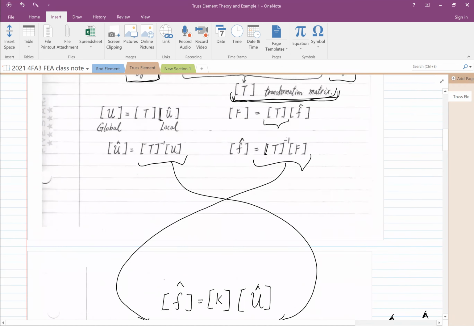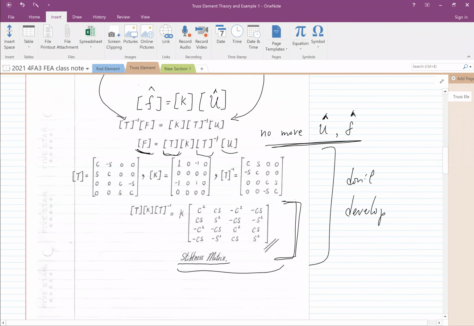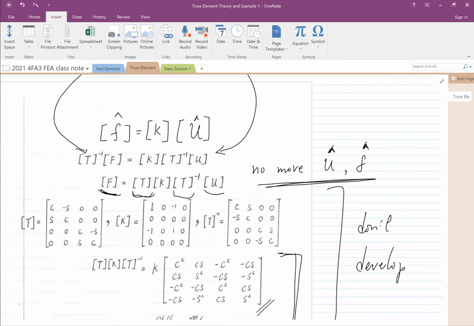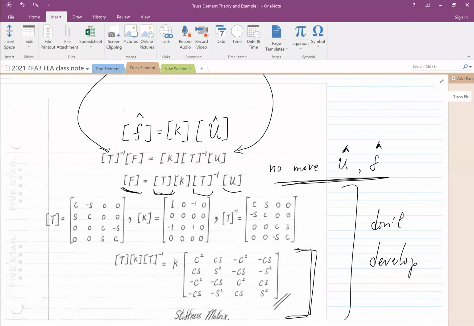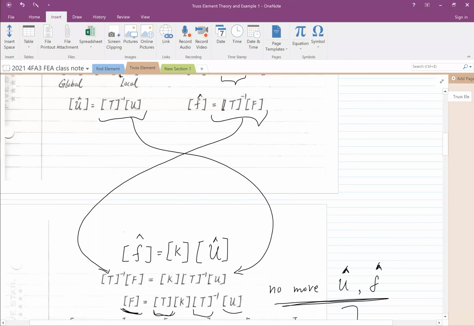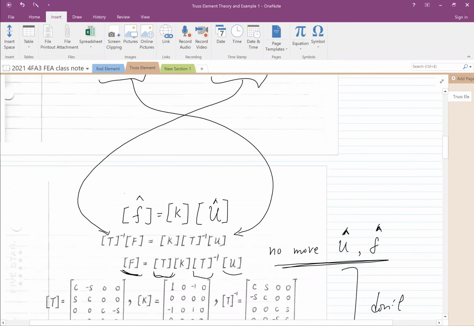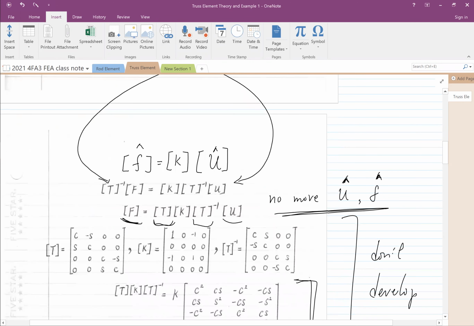When you explain moving from the global and the local, you see how you have F hat equals K and U. If you go up on your previous page, you put U hat equals T inverse U, and then F hat is T inverse times F. And then you're going down further into the next page when you're showing the T inverse F. Where are you getting the single T from?